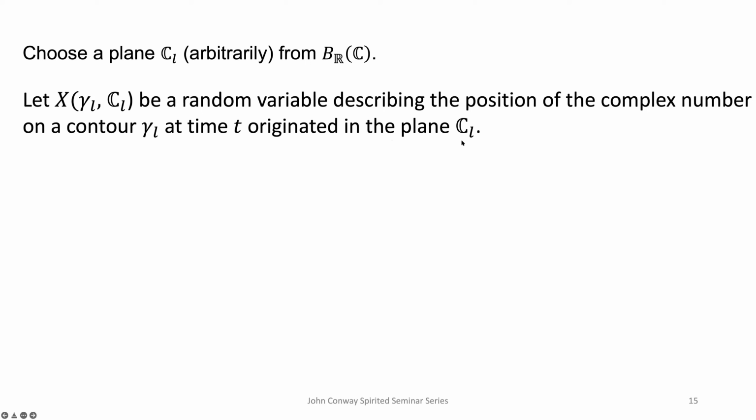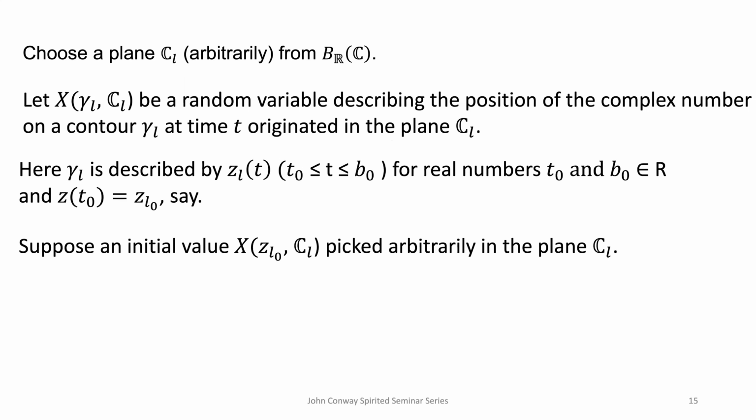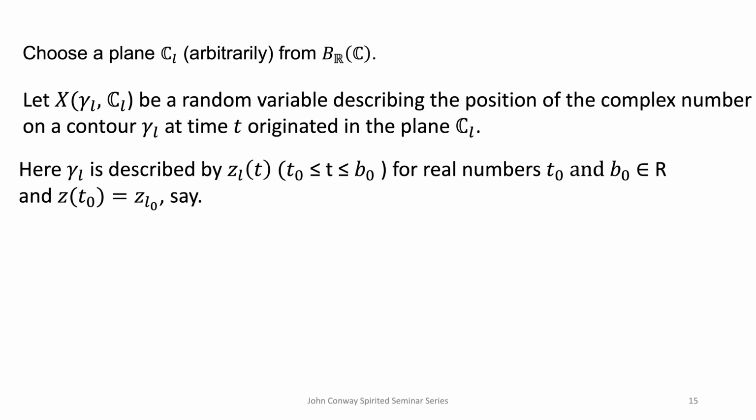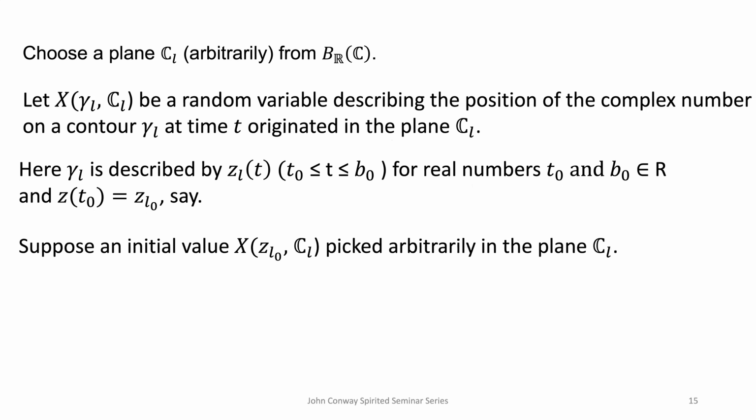So we pick up some random number, and that's a complex number. Randomly pick a complex number. Again, ZL of T, the real number T0, with all the values generated, the contour generated by Z of T0. So the initial value Z of T0, and then how do we generate? Suppose the initial value is picked arbitrarily, initial value ZL0, on the plane CL.